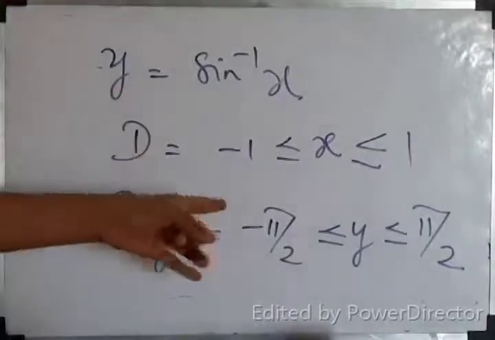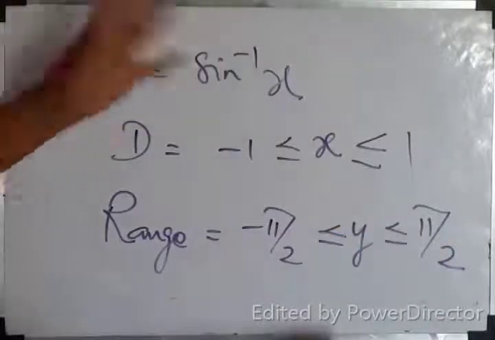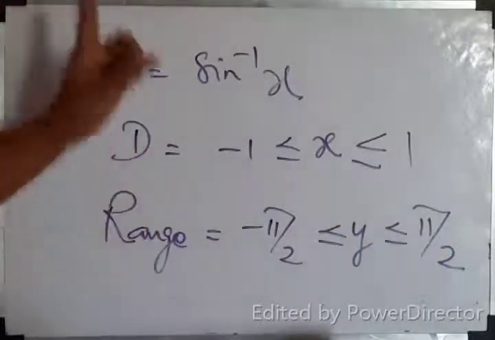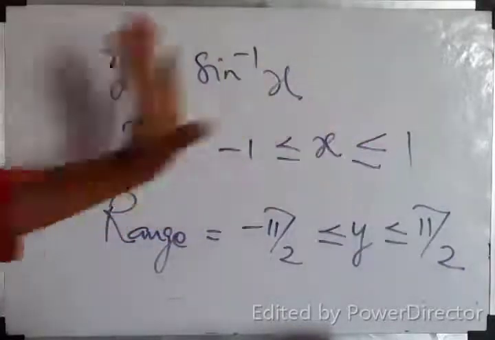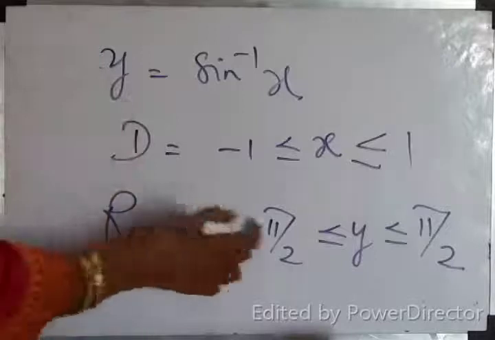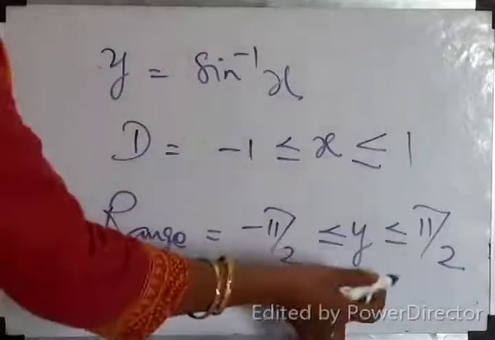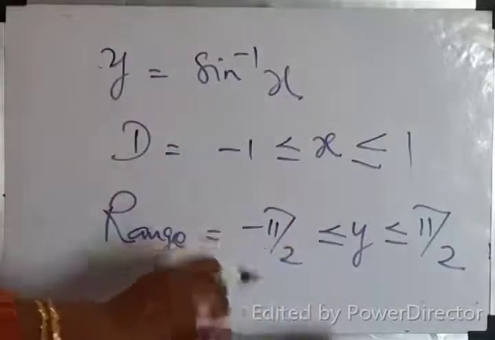Do you understand, children? From minus pi by 2 to pi by 2, this inverse trigonometric function sine inverse x uniquely associates the values minus 1 to 1. Minus 1 to 1 is the domain. Range is minus pi by 2 to pi by 2. Each one is uniquely associated.